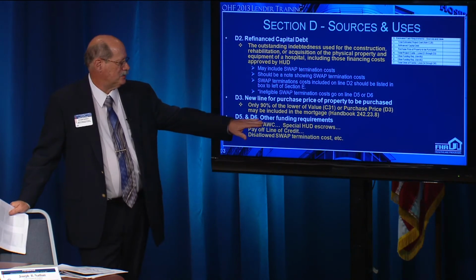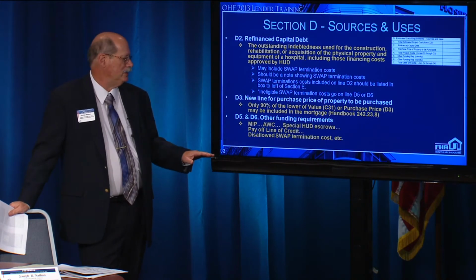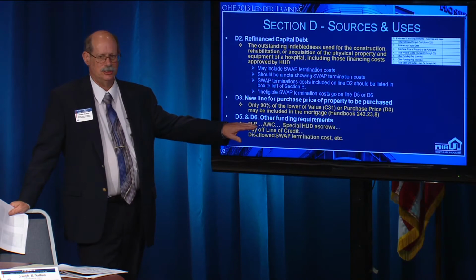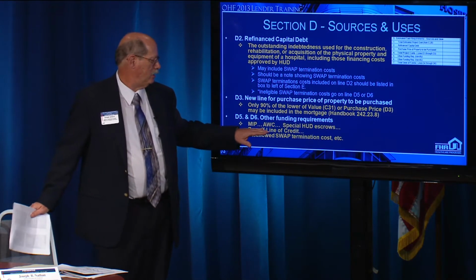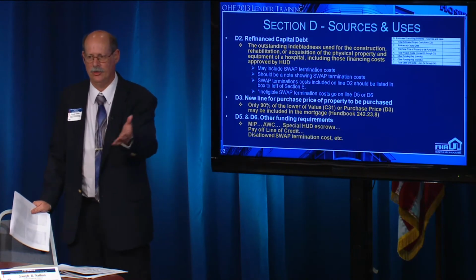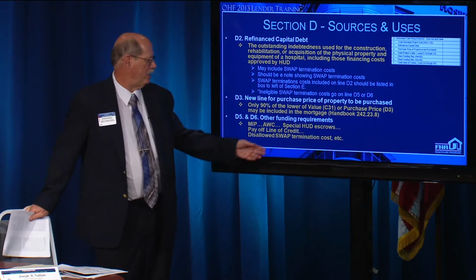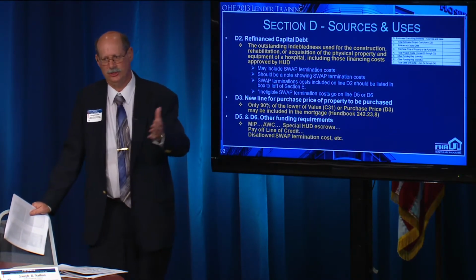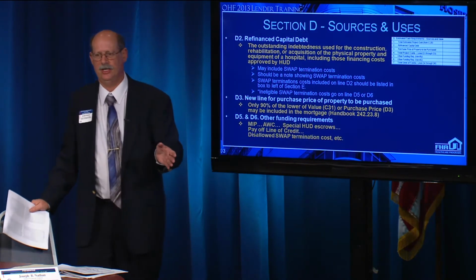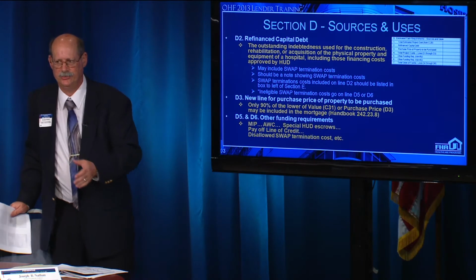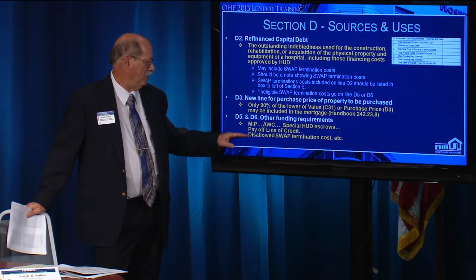D5 and D6, that's your other funding requirements. That could be for your mortgage insurance premium, if we're talking about insurance upon completion. It could be for your additional working capital, if you're a for-profit or if you're a not-for-profit who chooses to go with the AWP route. It could be for a special HUD escrow, if we've asked for a special escrow in there.